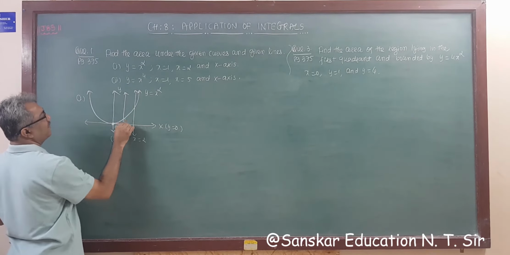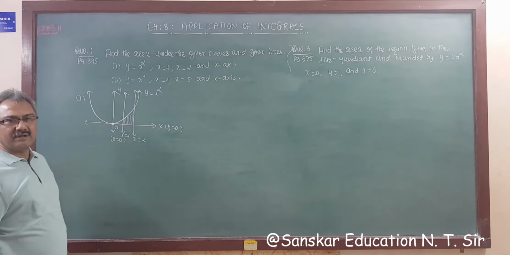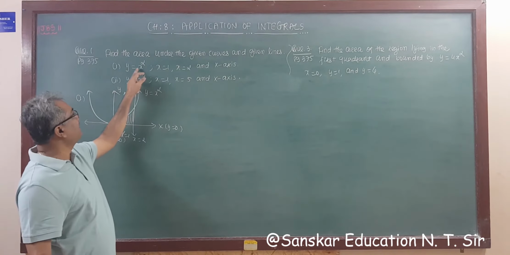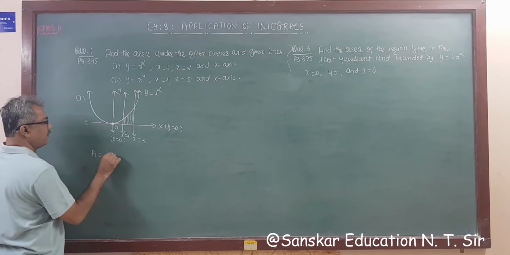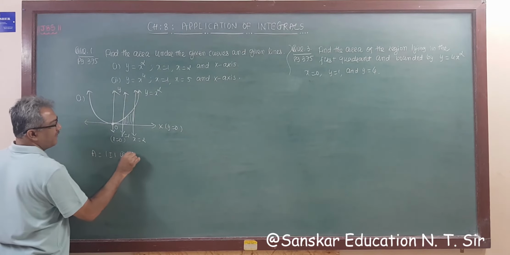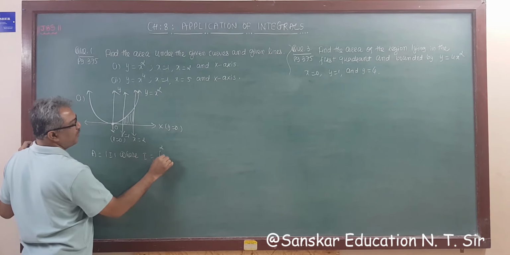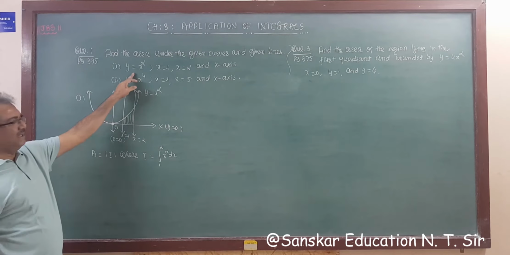So we have to find the area between these. If you don't draw a graph, then it's very easy. Take the limit x is equal to 1 to 2 and x square dx. So A is equal to mod I, where I is equal to the integration from 1 to 2 of x square dx, right?